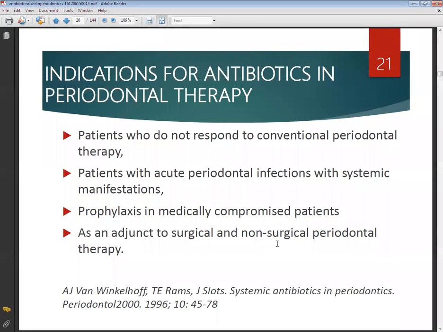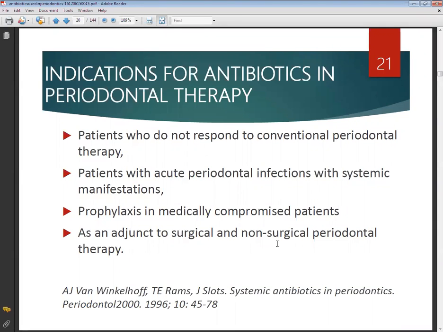If after this therapy the patient is not responding, then we prescribe systemic antibiotics in addition to non-surgical therapy. This is the first indication.